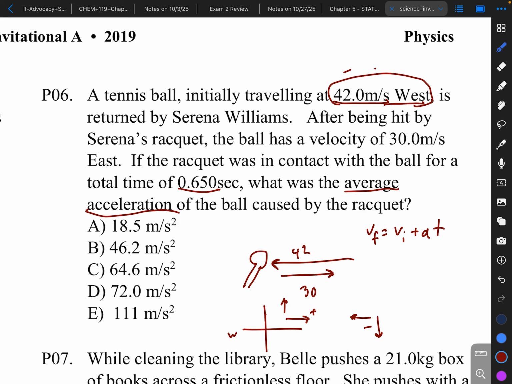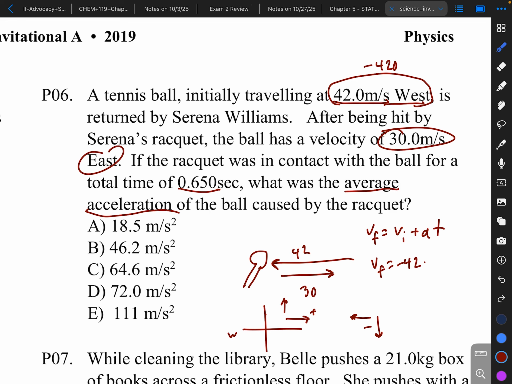Note that it doesn't really matter what you choose, negative or positive, you'll actually get the same answer either way. But whatever you choose, you would have the opposite sign for the east. So for west, I'll just choose negative. So you're moving negative 42 meters per second initially. So initial velocity equals negative 42.